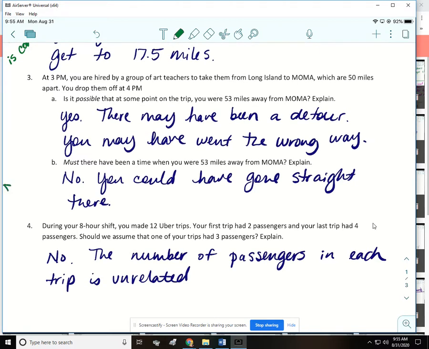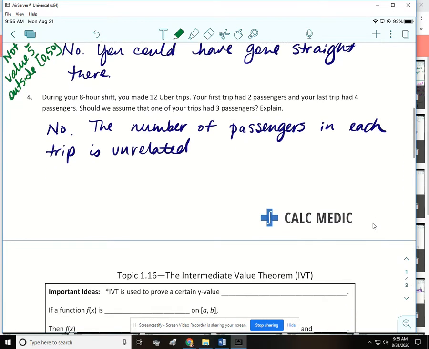So we would say that we cannot guarantee, so not guaranteed, values outside of 0 and 50. Because you could have driven straight there.